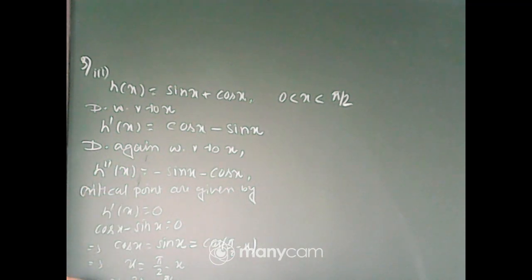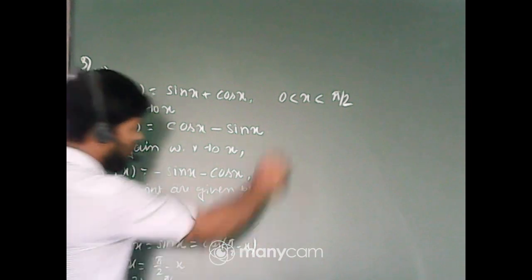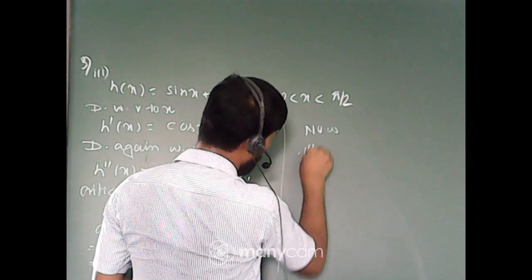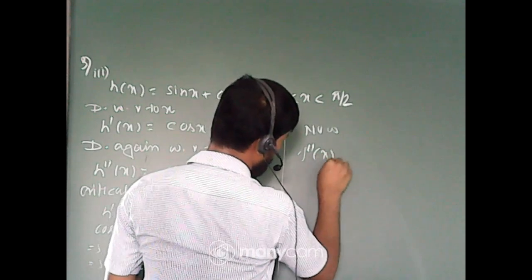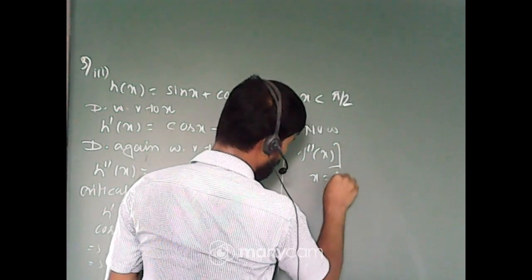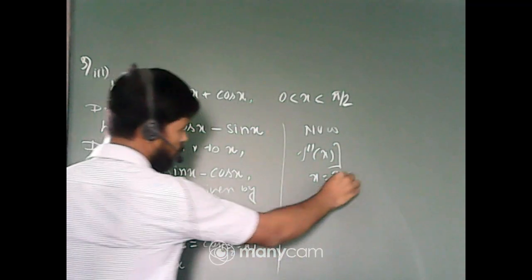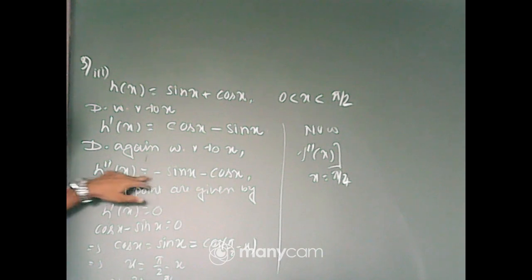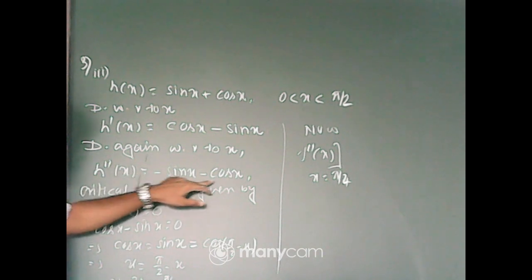Now we have to find the value of the second order derivative at x equal to pi by 4. The value of h double dash x is minus sin x minus cos x.